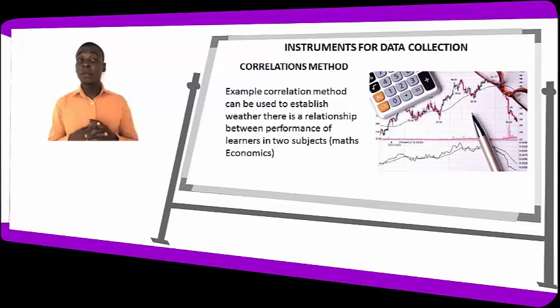Or could there be a correlation between the performance of students in commerce and accounts? Could the people that did very well in accounts also do very well in commerce? Those that pass maths, would they also pass economics? These are some questions that could arise in correlation.